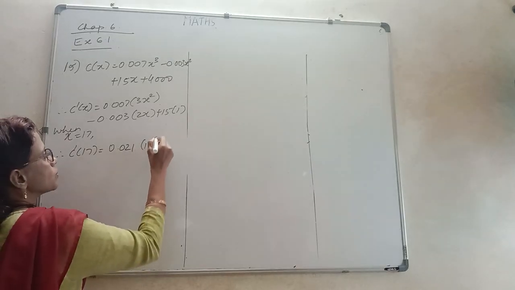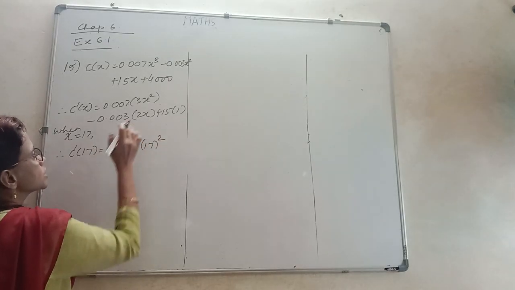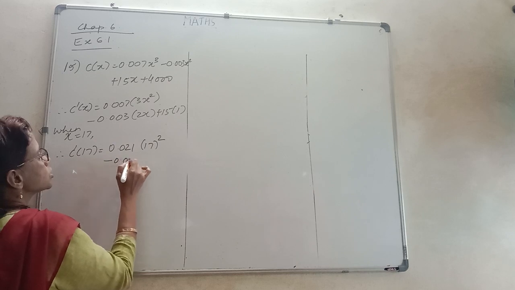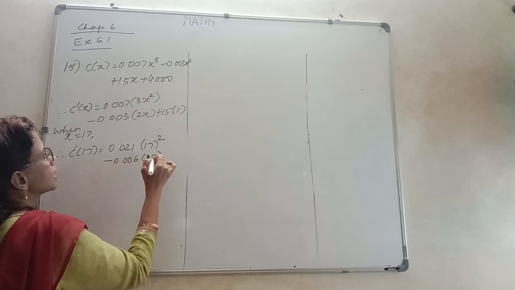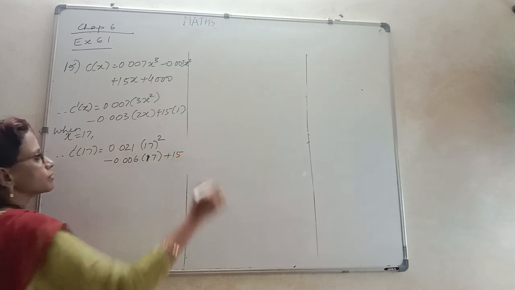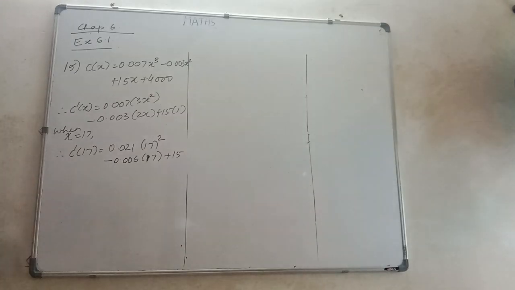So 0.007 into 3, 7 3s are 21, so it's 0.21, times 17 squared here, and 3 2s are 6, so 0.006 times x, which is 17, and plus 15, 15 into 1 is 15. So let's go for finding these values.